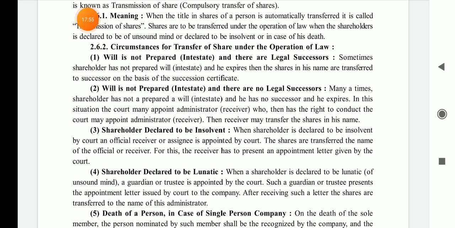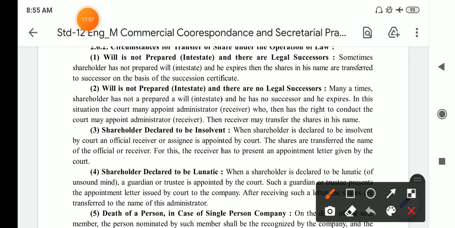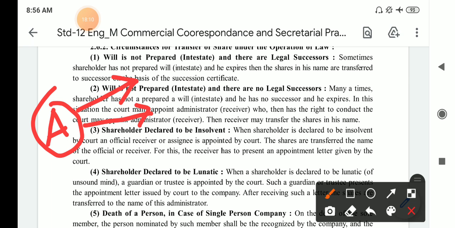Say for example, I give you one example: a person namely A is the shareholder of the company. Now he has not prepared a will as well as he has no successor.